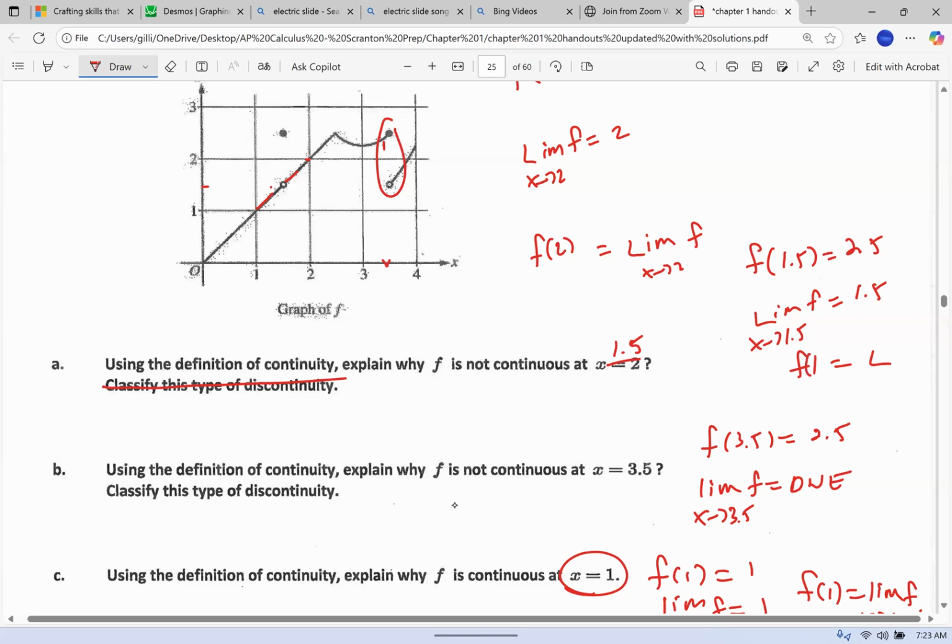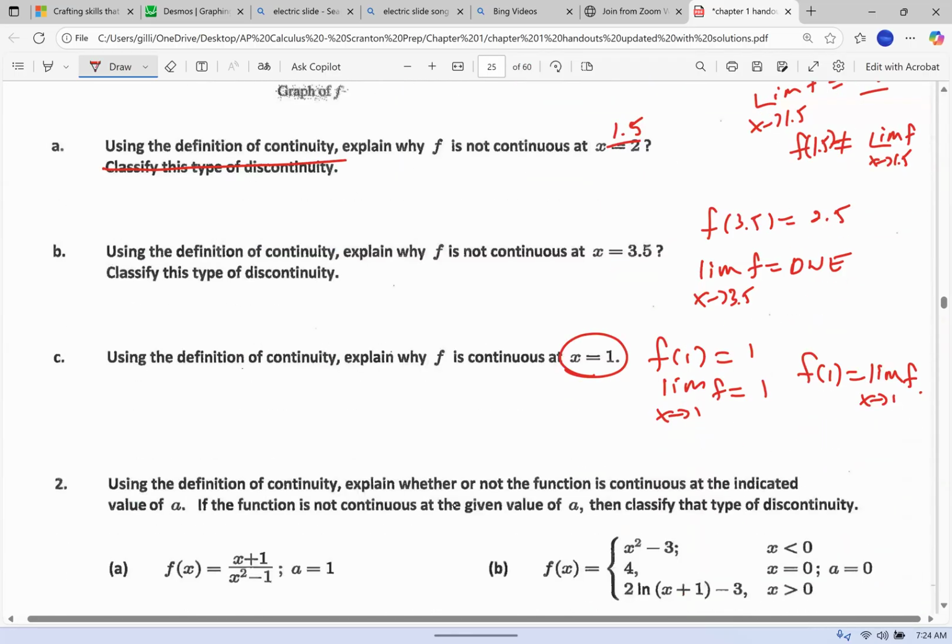Well, the behavior at 1.5 does not equal the behavior sufficiently close to 1.5, which is the limit. f at 1.5 does not equal the limit as x approaches 1.5 of f. These values do exist, but they just don't equal each other. The type of discontinuity there is removable.